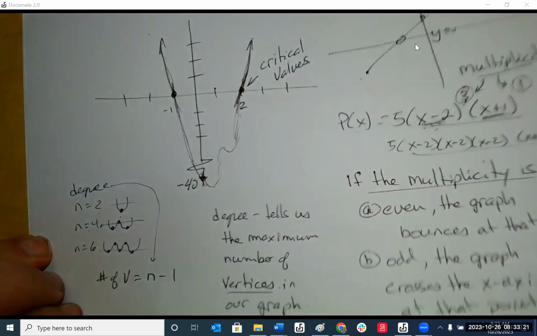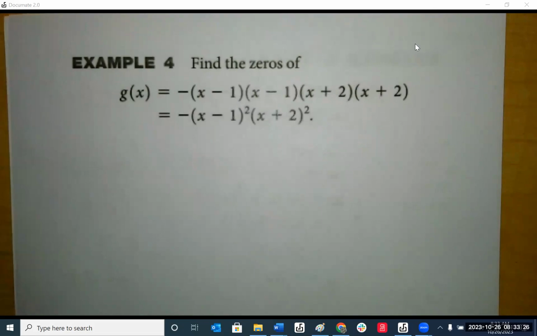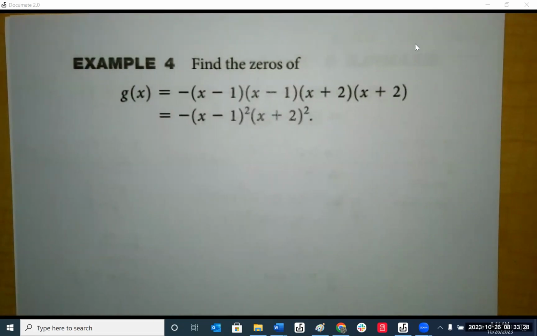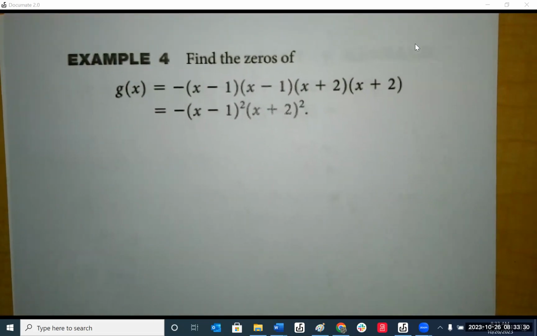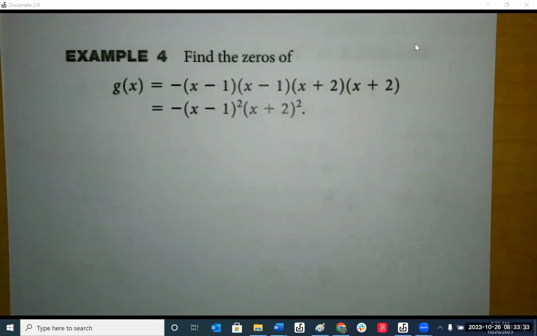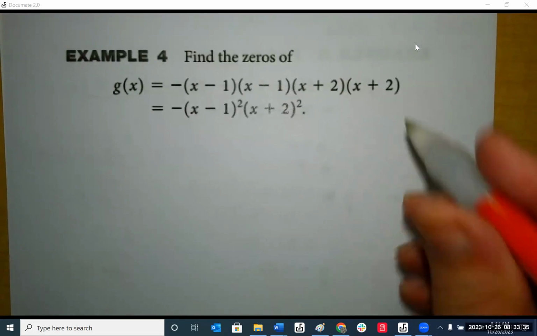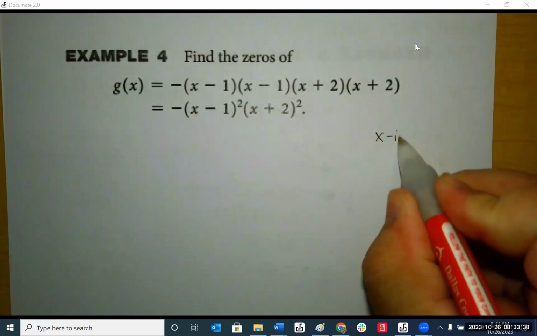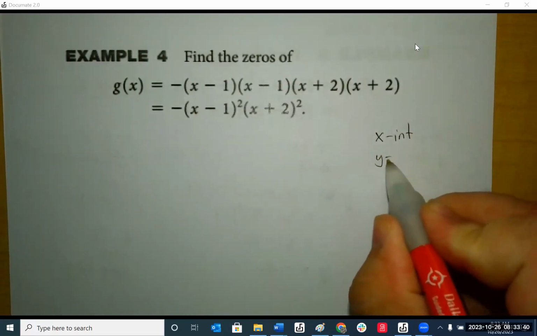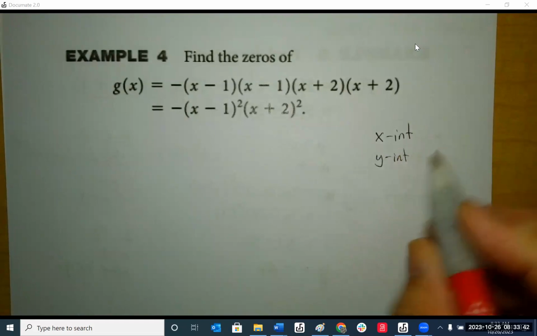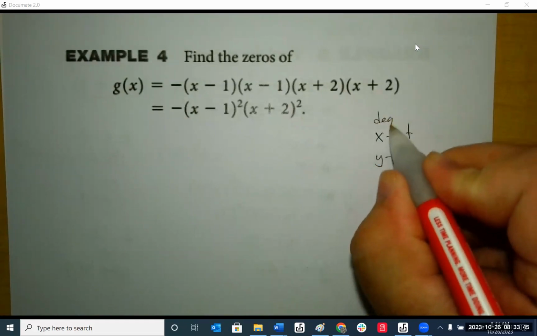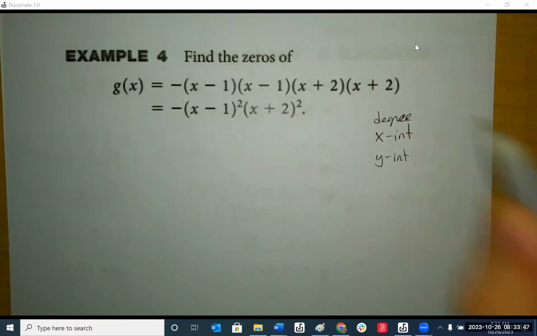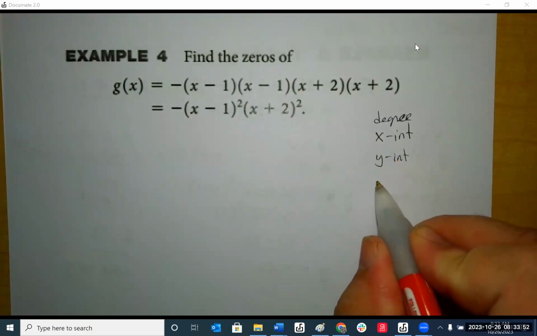All right, let's look at example 4. Find the zeros and sketch the graph. I want you to tell me all these things here. Tell me the x-intercepts. Tell me the y-intercept. Tell me the degree. And sketch the graph.